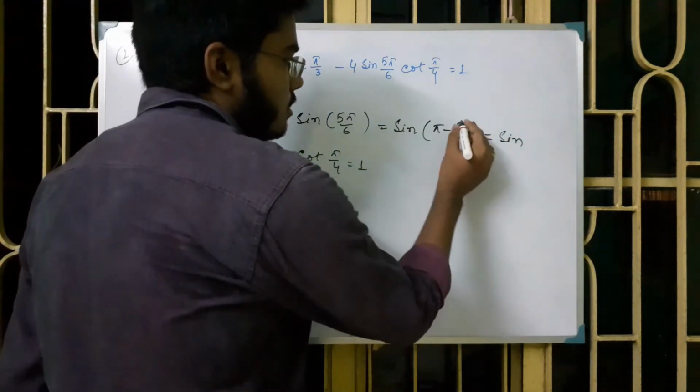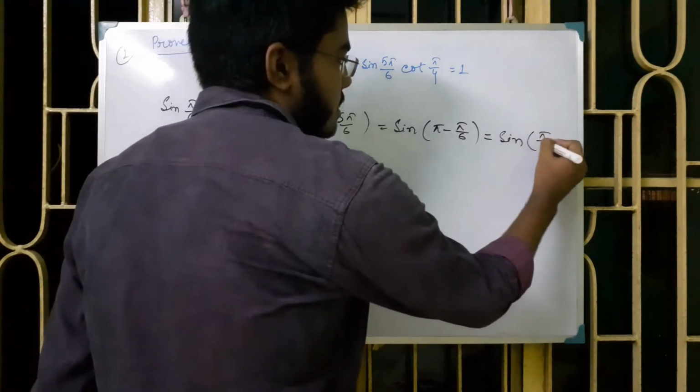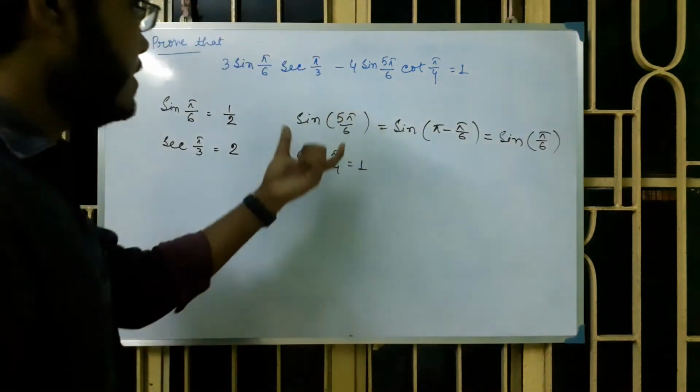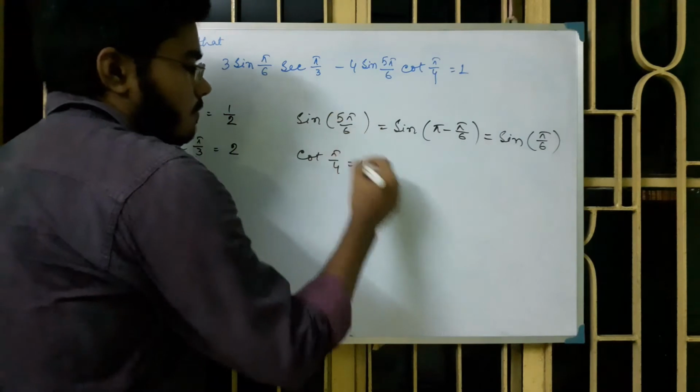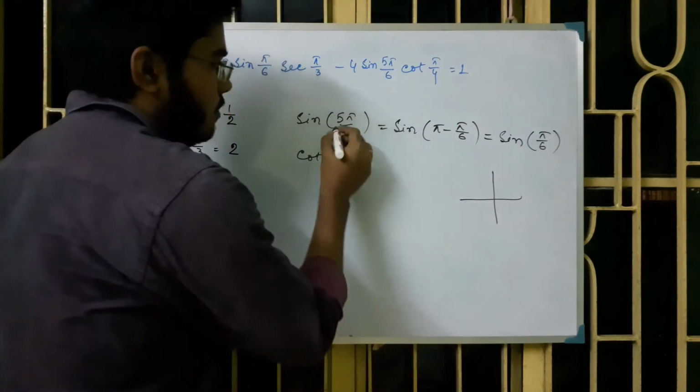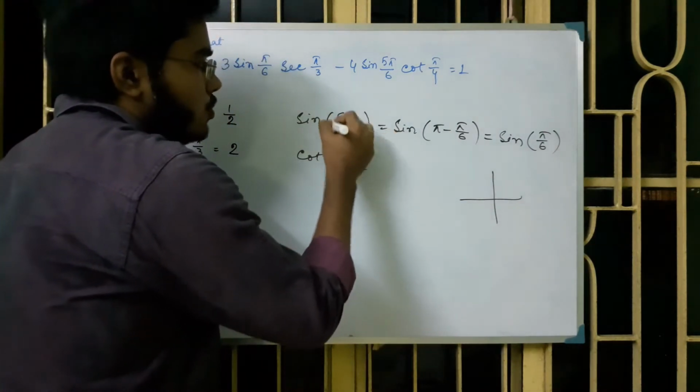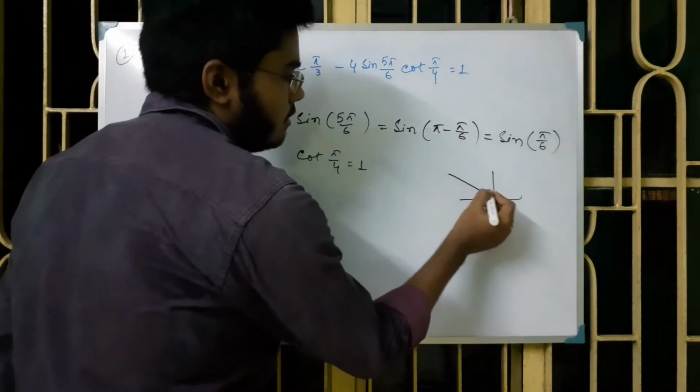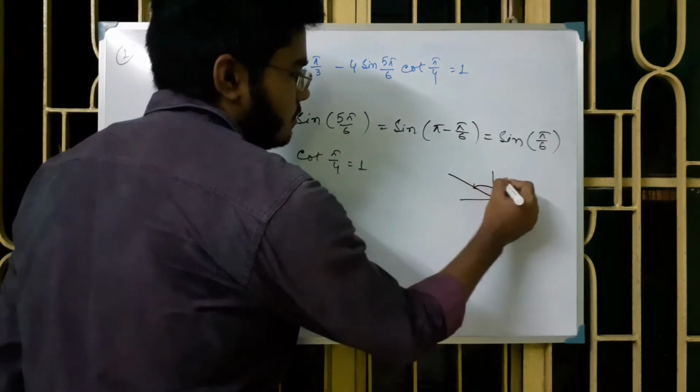Now copy this angle pi by 6. Now check the position of this angle, 5 pi by 6.